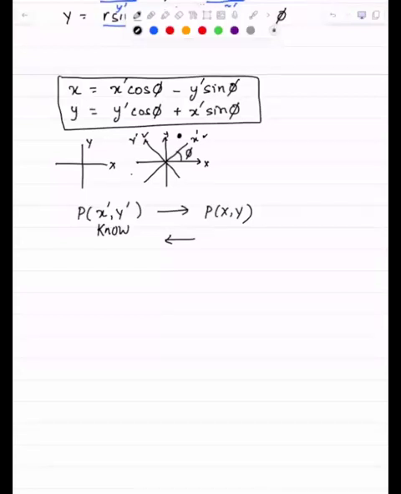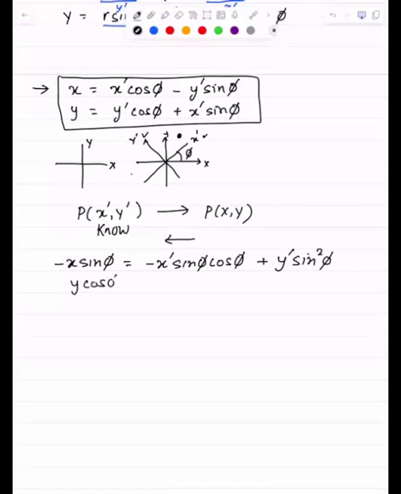I'm going to multiply the first equation by negative sine phi. So this will become negative x prime sine phi cosine phi plus y prime sine squared phi. And the second equation I'm going to multiply just by cosine phi.